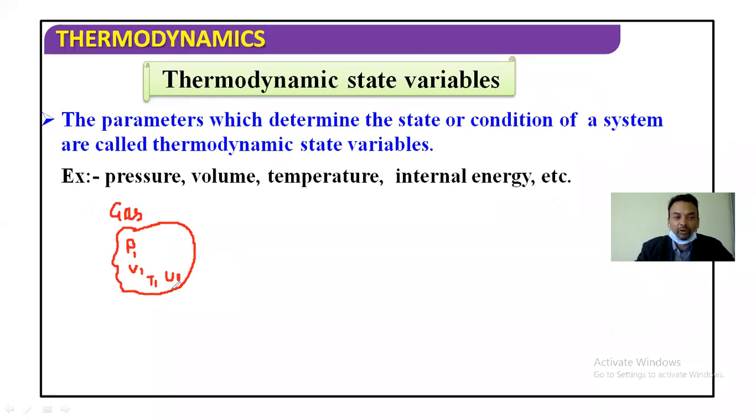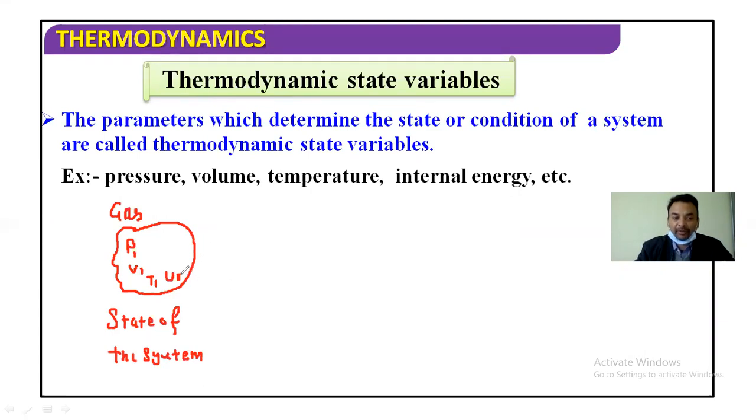I call this the state of the system. State of the system means what the present values of pressure, volume, temperature and internal energy are. So currently the gas system has pressure P1, volume V1, temperature T1 and internal energy U1.